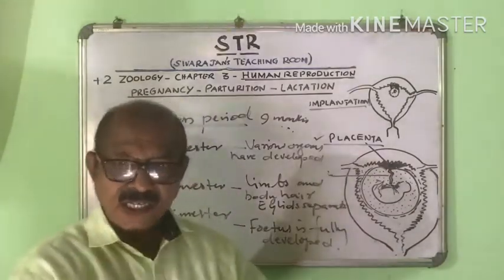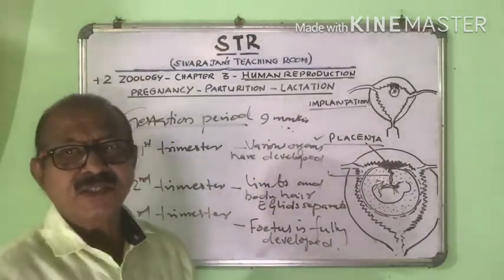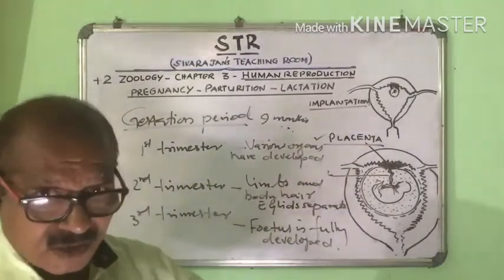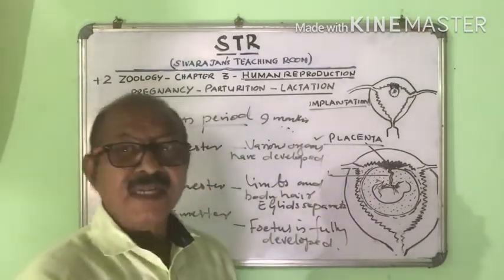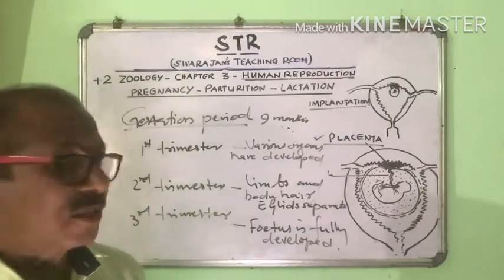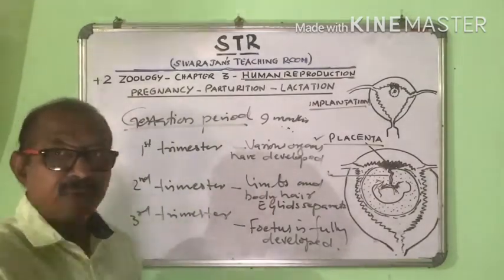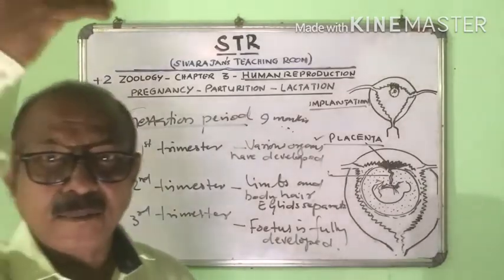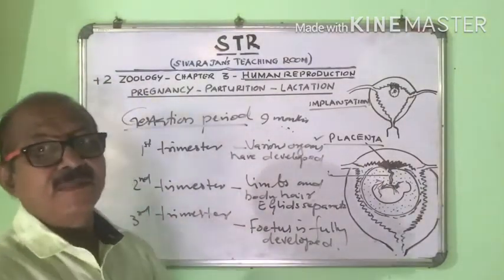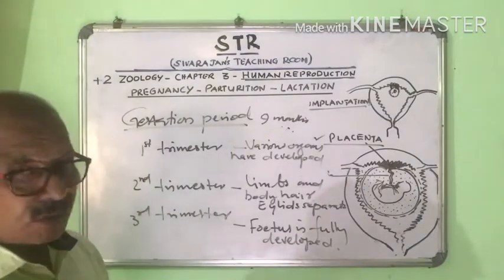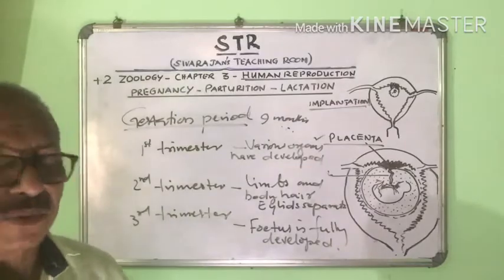It stretches the muscles of the uterus, and this causes release of some impulses from the uterus and the placenta. These impulses reach the brain, and the brain releases oxytocin from the pituitary gland. We know the function of oxytocin: contraction of the smooth muscles of the uterus.